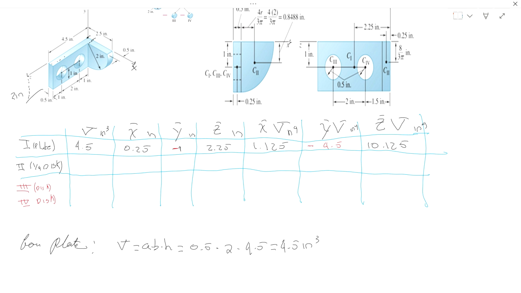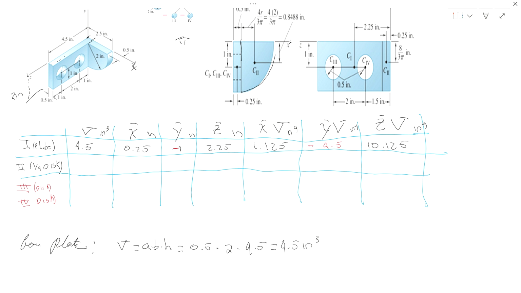The radius is 2 inches. So 4 times 2 divided by 3 pi, not 3 p, p is a letter, divided by pi, we get 0.8488.